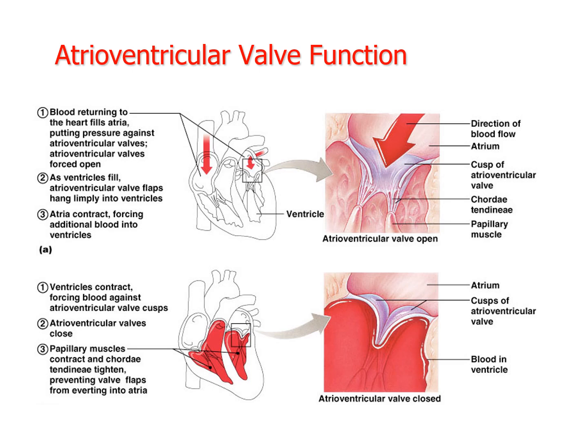So let's just look at the function of these valves, the AV valves, atrioventricular valves. Blood returns to the heart. This is essentially the cardiac cycle. We're following through the cardiac cycle as it goes through each step in a single relaxation contraction cycle.